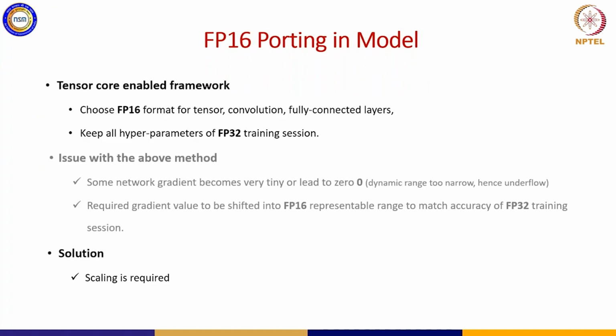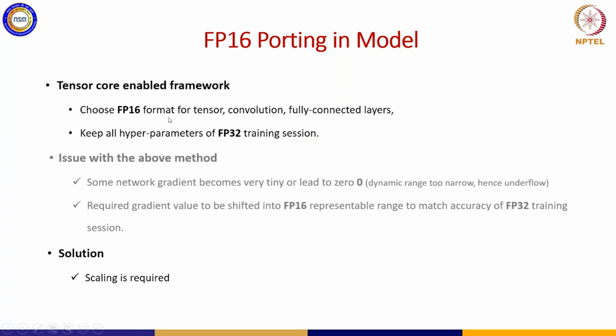You scale by multiplying that loss with a particular value. So during FP16 porting in your model, how will you be able to achieve this? You use frameworks that have Tensor Core enabled, because the task is actually performed by Tensor Core. Those Tensor Core also have precisions based on FP16 and FP32.